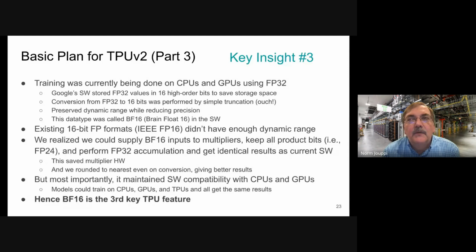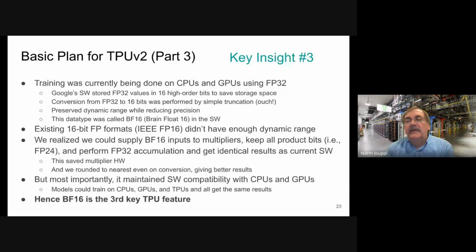And if you follow how the BF16 value was used in the code at the time, they would use FP32 multipliers with bfloat16 operands that would produce effectively an FP24 value held in an FP32, because you get 24 bits from the multiply. And then they do FP32 accumulation on those values. So that's what we basically implemented in hardware.